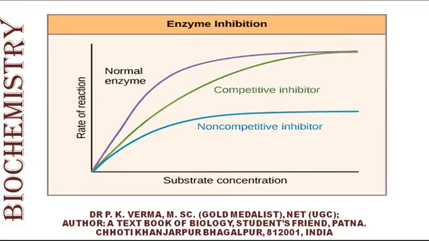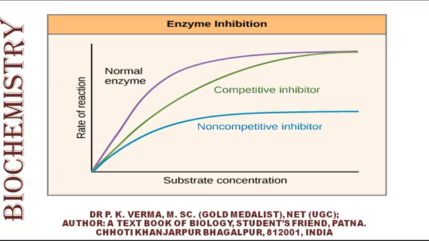Now there are two graphs. Normal activity is shown in purple color. When competitive inhibitor is used, Vmax is same, shown in green color, and when non-competitive inhibitor is used, Vmax is decreased and shown in blue color.